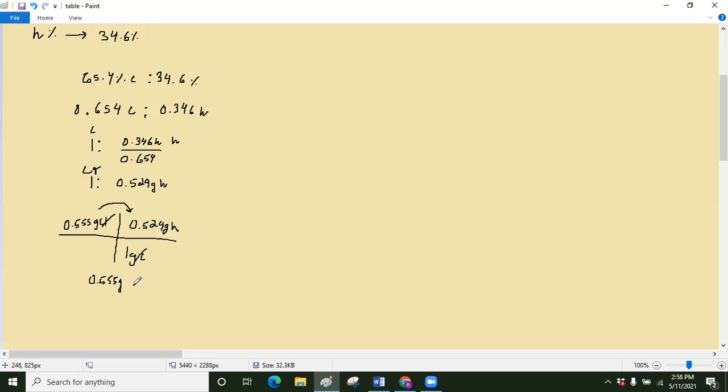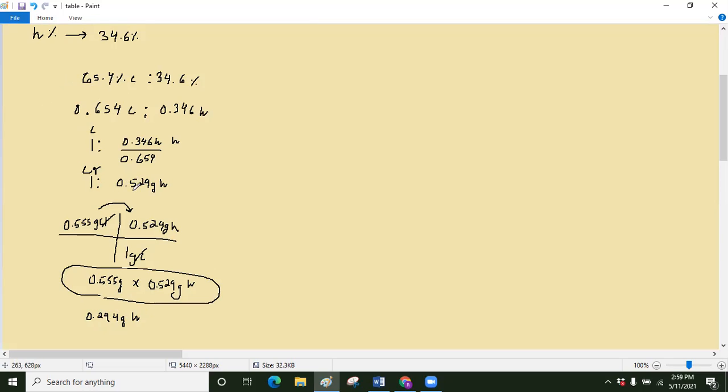Now you're left with 0.555 grams multiplied by 0.529 grams of hydrogen. When you multiply this out, you get your hydrogen equivalent, which would be 0.294 grams of hydrogen. So again, it's just comparing the decimals, making a conversion factor in terms of 1. And if you have one of them, you can always find the other.